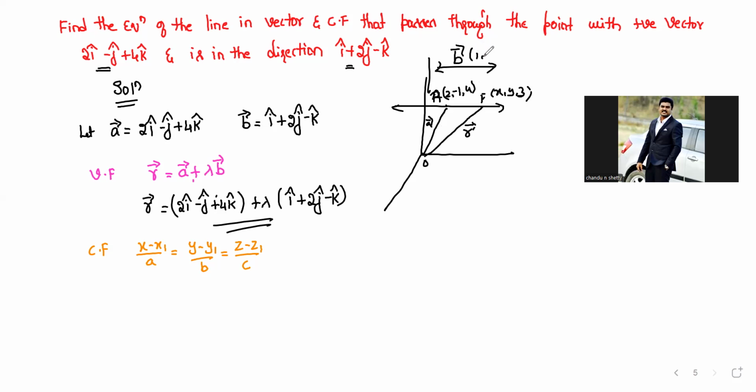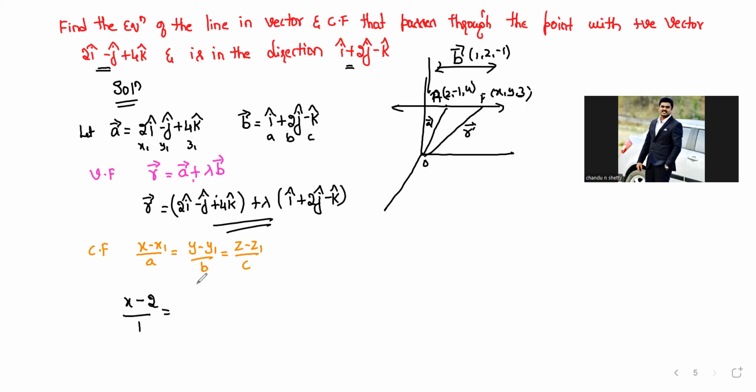So (1, 2, minus 1). Okay, so here this is x1, y1, z1, and this is a, b, c, the coordinates we know in the theorem. Clear. So x minus x1 value is 2, you take the i coefficient, and a value is 1.